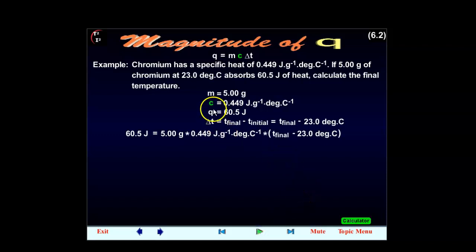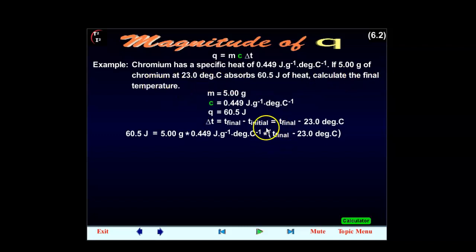All right, remember our formula is Q equals MC delta T. Your Q was given in this question to be 60.5 joules. So that Q comes here, equals your mass, which is 5 grams. Your C is this, and your delta T is your final minus initial. And you're looking for final temperature. From the question, it says calculate the final temperature.